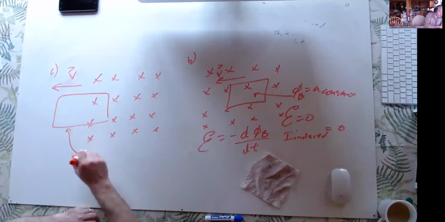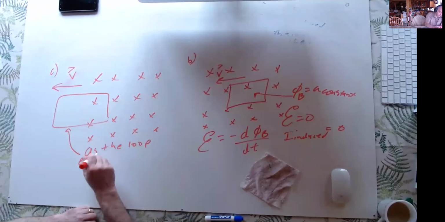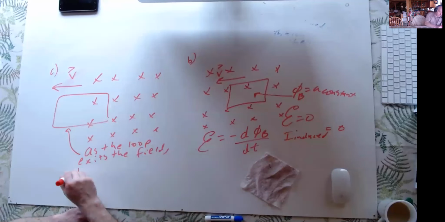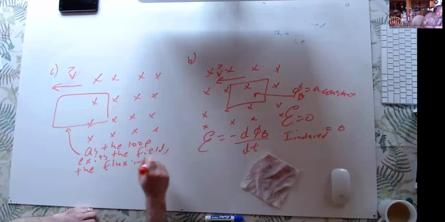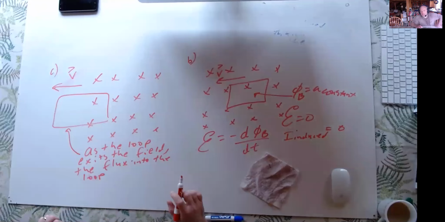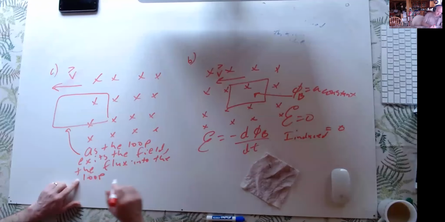As the loop exits the field, the magnetic flux, I'll just say flux, into the loop decreases. And how am I doing with time? Okay, the magnetic flux into the loop decreases.